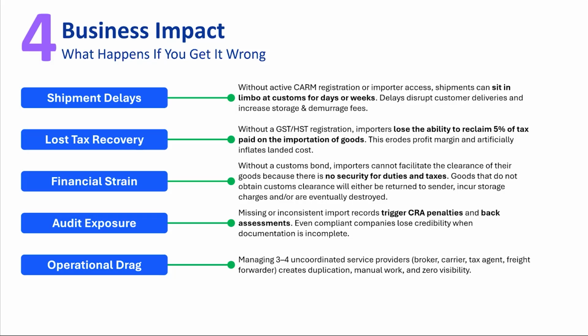If we look at this in numbers, if you are importing $1 million worth of goods into Canada over a yearly period, without a GST registration, that's a minimum of $50,000 of loss straight to your bottom line, because you aren't able to reclaim that.